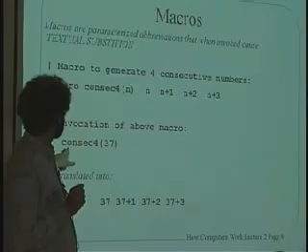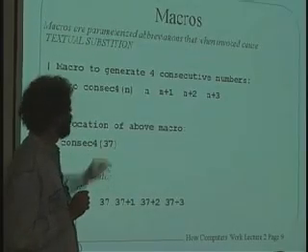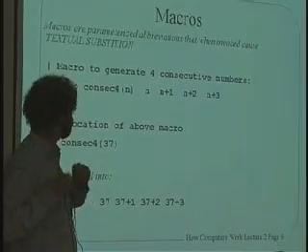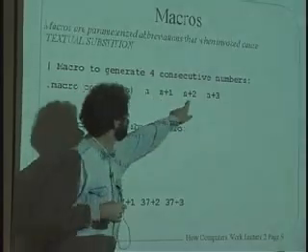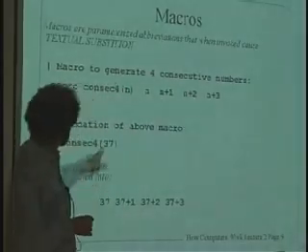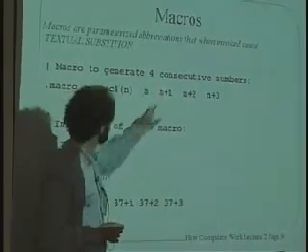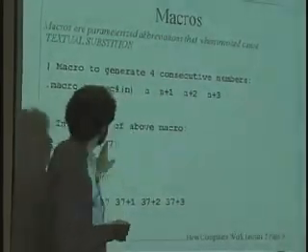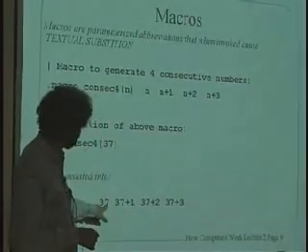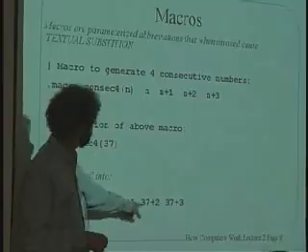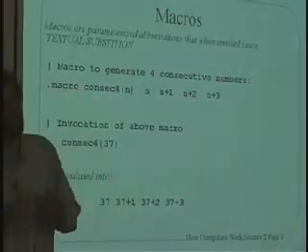Then in the future, if you put in a line that says consec4 of 37, it will, inside of itself, execute the macro and replace n, n plus 1, n plus 2, n plus 3 with the text 37 going in for n each time. So what will come out is 37, 37 plus 1, 37 plus 2, 37 plus 3. It's important to understand that this is purely lexical.